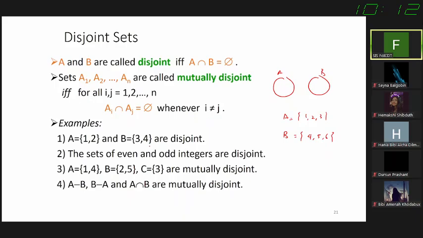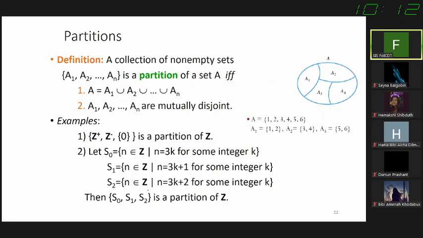A is equal to 1, 2, B is equal to 3, 4 are disjoint. If you have a set of even numbers and a set of odd numbers, they are disjoint. Another example: A minus B, B minus A, and A intersection B are mutually disjoint. If you try this out, you'll see that they are mutually disjoint. Some example. Now, why are we studying all this?